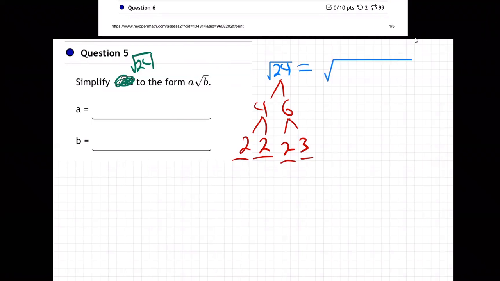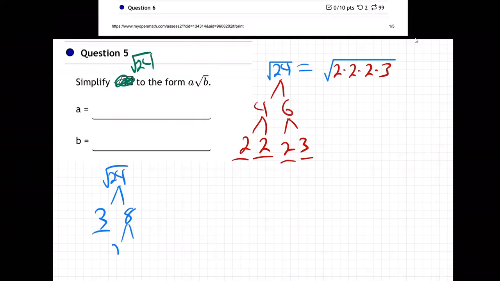So let me come over here now, and I'll put in all those numbers. So we've got 2 times 2, 2 times 3. So those are the pieces of 24. Now, if I broke down that 24 a different way, instead of starting with 4 times 6, I could have done 3 times 8.